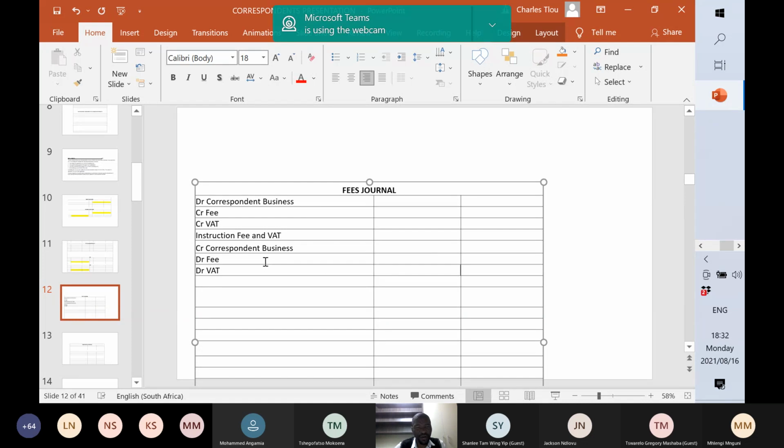So let's record our fee journal here. That is a fee journal. Record that fee journal like that as I've recorded it there. That is your fee journal.